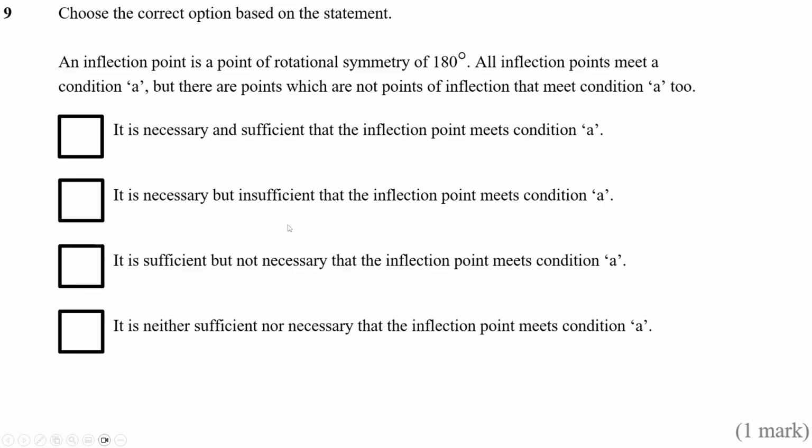Hopefully this makes sense. It's quite confusing with the way it's styled. If you're interested, TMUA specifically will have lots of questions like this. If you search up necessity and sufficiency, they'll have better tutorials and guides and more and better questions that will help you to understand this topic more.